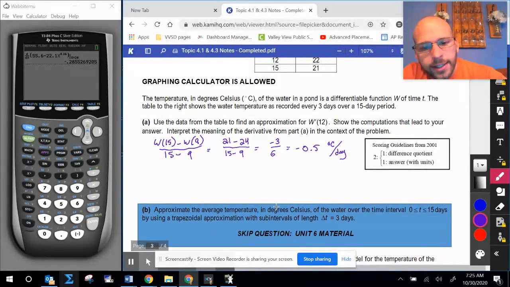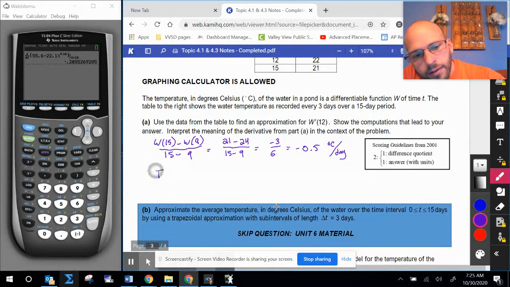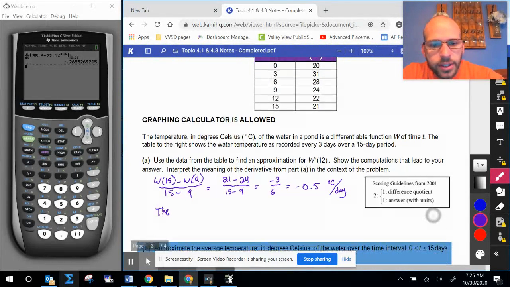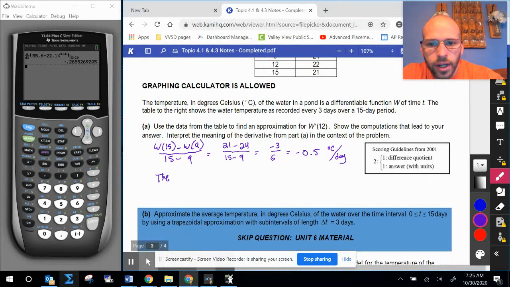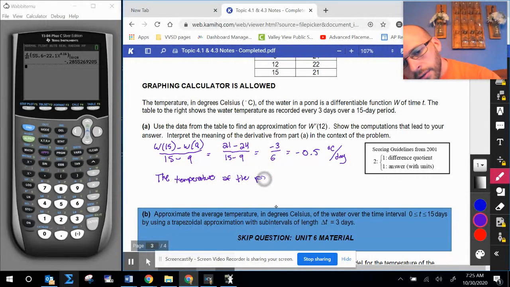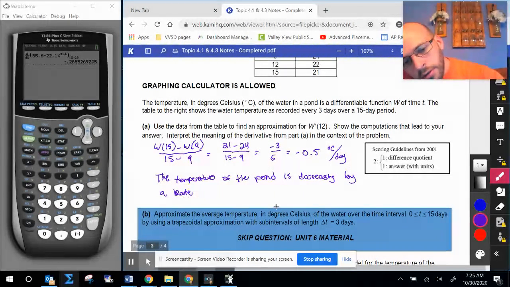Okay. So I can say that W prime of t, I want to make sure I get my units right, the temperature of the pond is decreasing by a rate of 0.5 degrees Celsius per day on day 12.